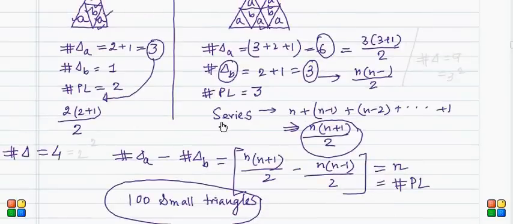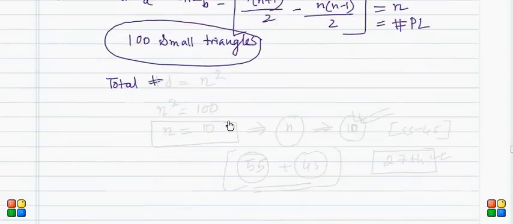In the second case, the number of triangles is equal to 9. 3 squared, and 2 squared. So the total number of triangles is equal to n squared. So now we have n squared equal to 100, where n equals 10.